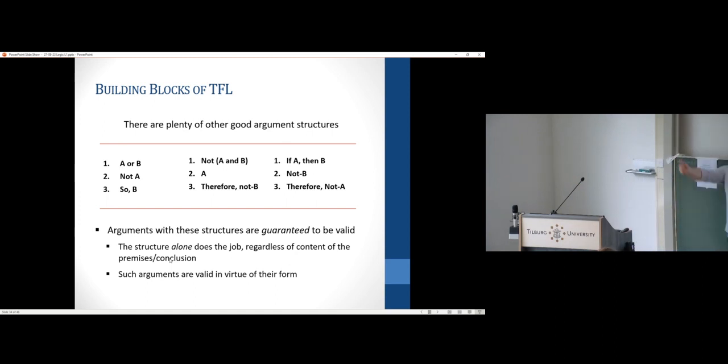We know it's not the case that both of these are true. We know that A is true, so B must be the one that let us down. And our last one, and this is very similar to the argument structure we saw a second ago, but it's subtly different. If A, then B, not B, therefore not A.